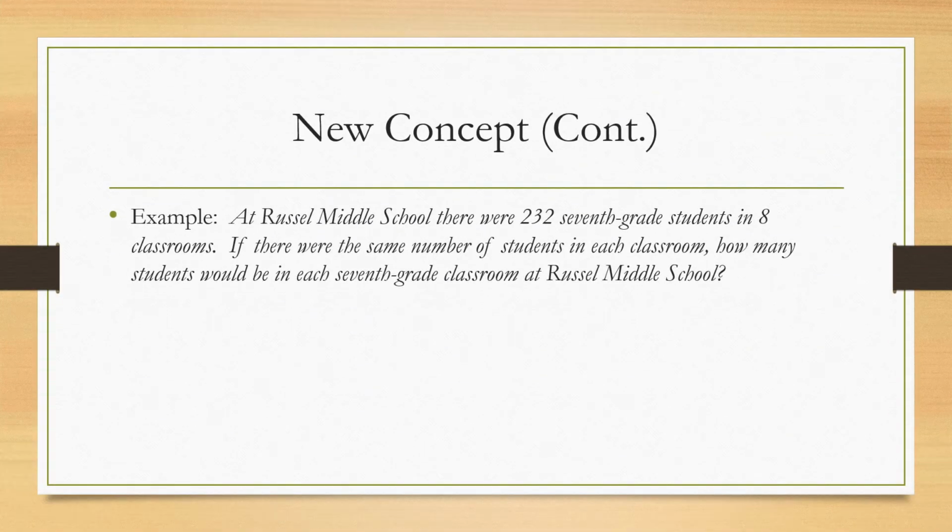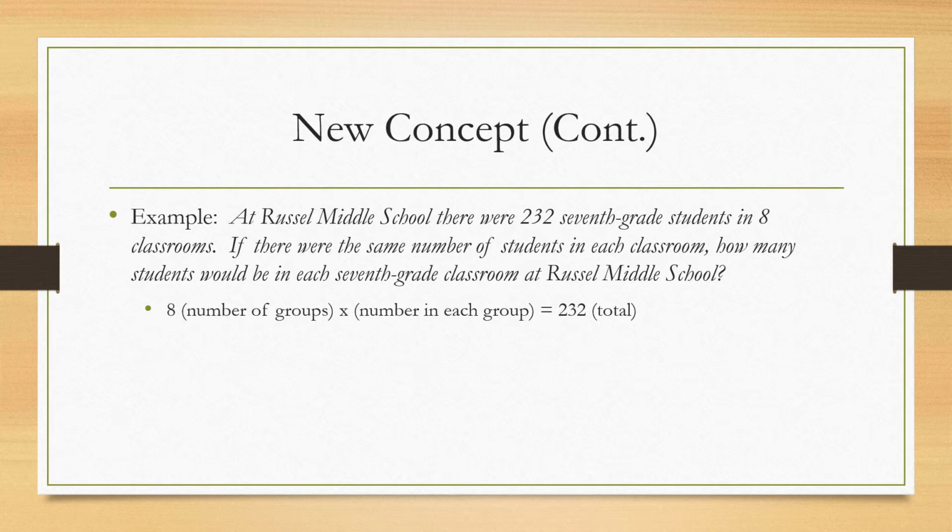Here's another example. At Russell Middle School, there were 232 7th grade students in 8 classrooms. If there were the same number of students in each classroom, how many students would be in each 7th grade classroom at Russell Middle School? So we plug those numbers into our pattern. We have 8 classrooms, so that's the number of groups that we're making.